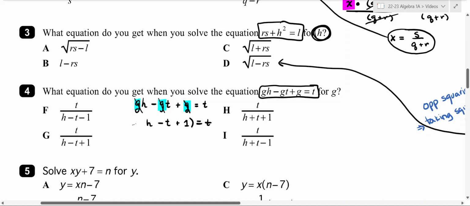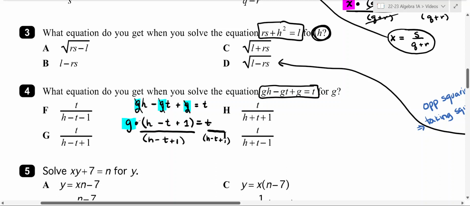So since I want to get just the G by itself, that means I need to undo this multiplication by this quantity. So I need to divide both the left and the right by H minus T plus 1.